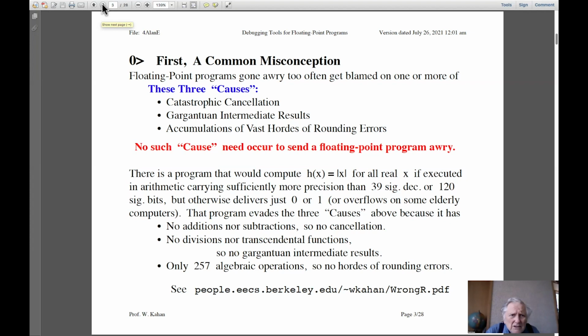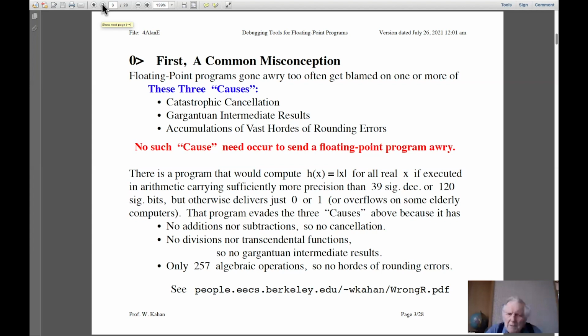There is a common misconception. A lot of people believe that floating point is afflicted by catastrophic cancellation. It's a word you've heard. What about enormous intermediate results? Because in floating point, you can get some very, very big numbers. And then, of course, there are the rounding errors, vast numbers of rounding errors. And many people think that these are what cause floating point programs to malfunction. Actually, it's not quite that.